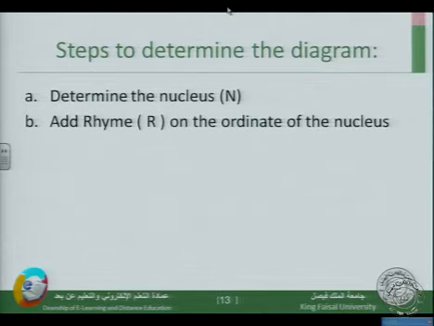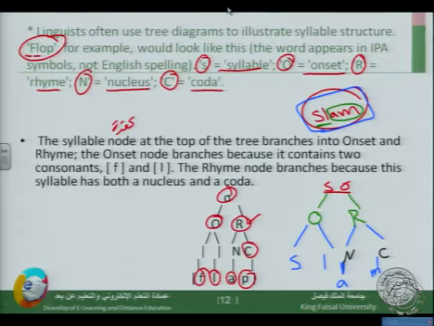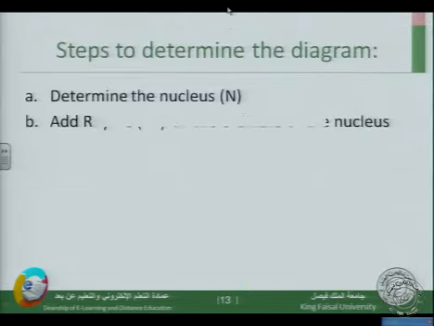Then add the rhyme R on top of the nucleus, and then determine the onset and the coda.